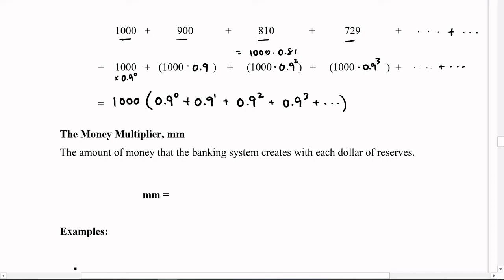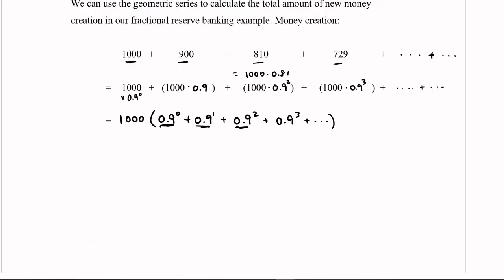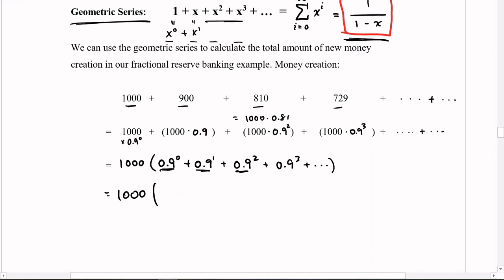And ultimately, what does that come out to? As we see, this is our geometric series where we have our 1,000 times, and ultimately this is the same thing as x to the 0, x to the 1, x squared, x cubed, so on and so forth.